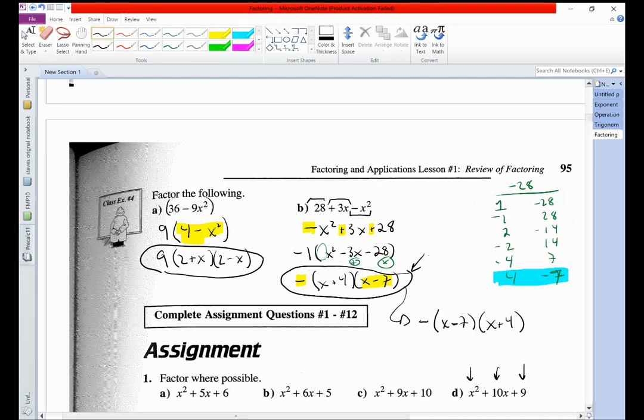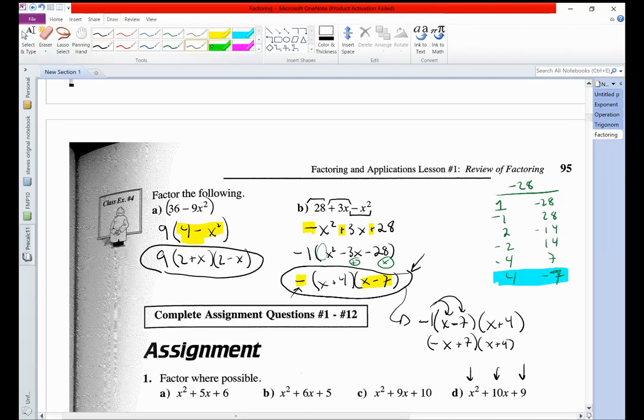This isn't wrong, but this negative sign out here is kind of weird. So what you can do is factor it into the factor that has the negative sign in it. So if we do that, it goes into both terms. So we get negative x plus 7, and then the x plus 4 stays the same.